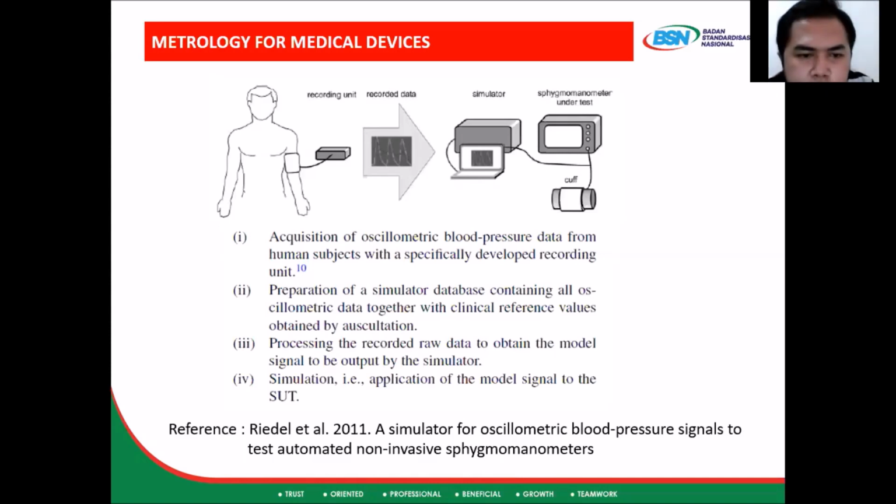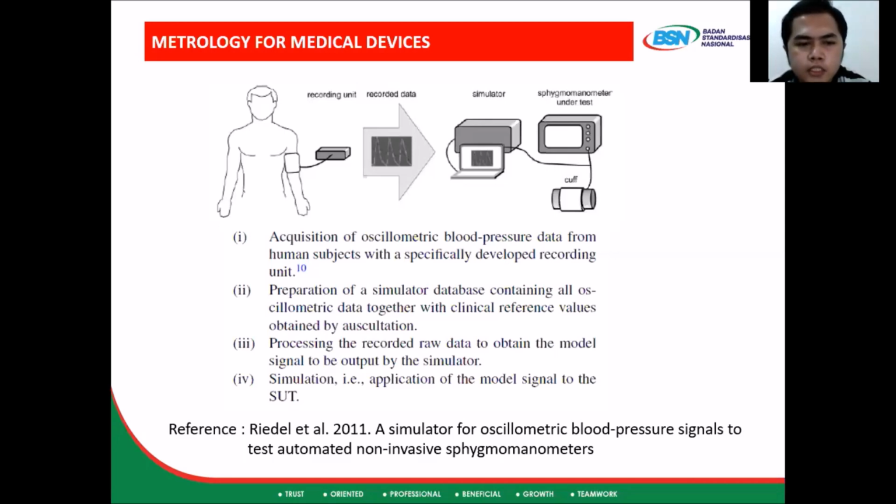This database is for the preparation of a simulator database containing all oscillometric data together with clinical reference values obtained by auscultation. Then the recorded raw data is processed to obtain the model signals to be output by the simulator.